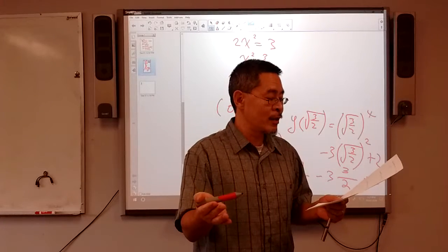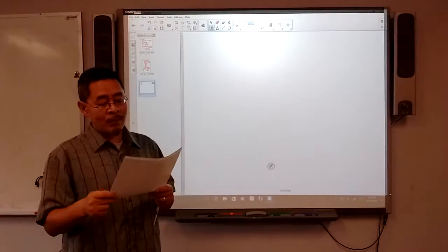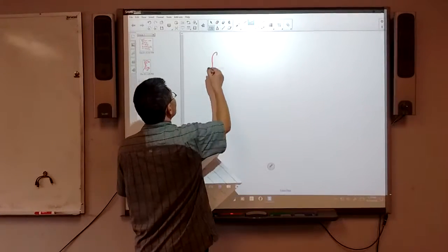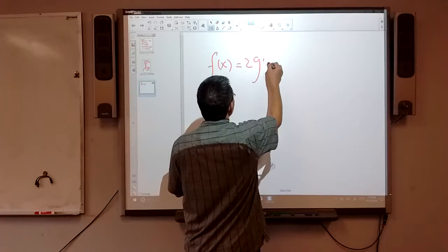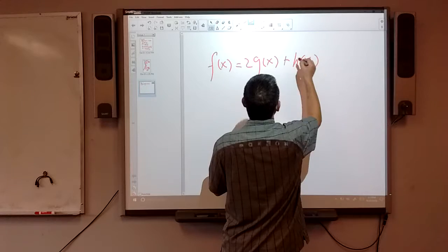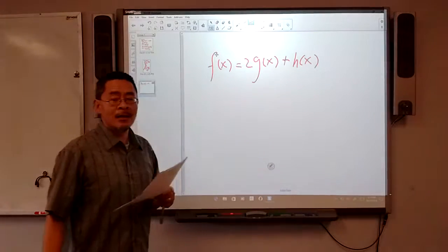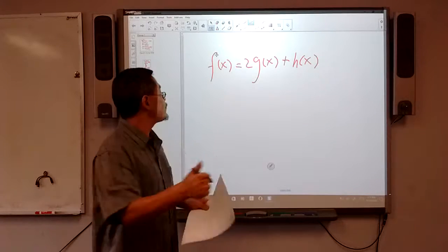We're going to use a rule here. Number 14 is actually easy because we have this function: f of x equals 2 g of x plus h of x. They want us to find the derivative at a certain point, right?